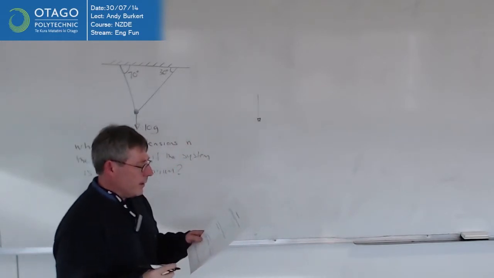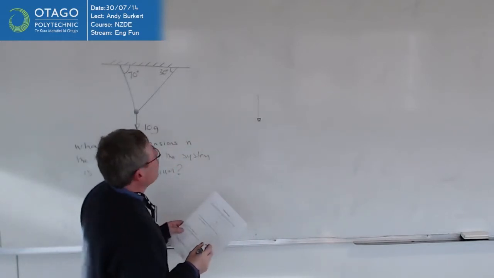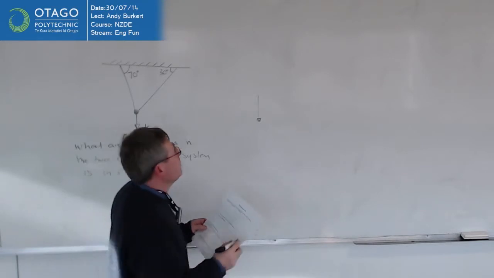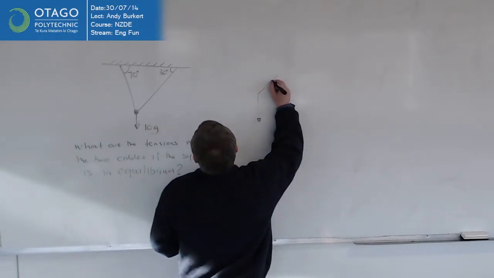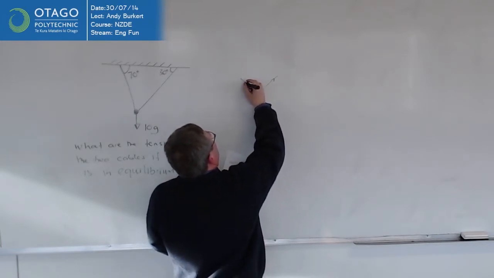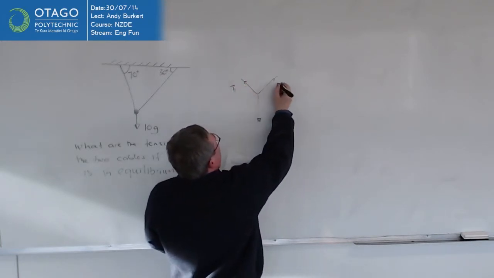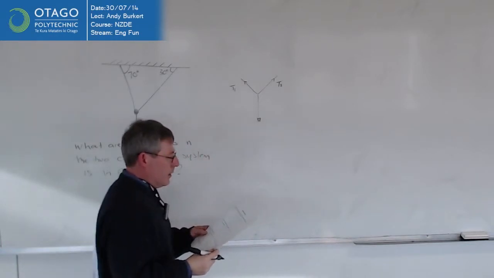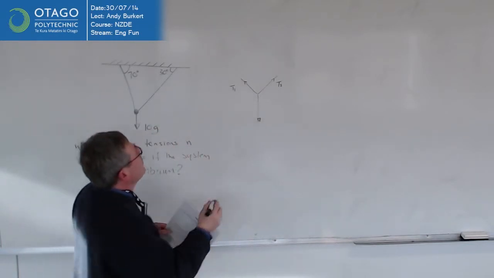We're going to have the weight acting down, and then we've got the tensions in the two cables. Call that tension 1 and tension 2. We sort of know some angles.